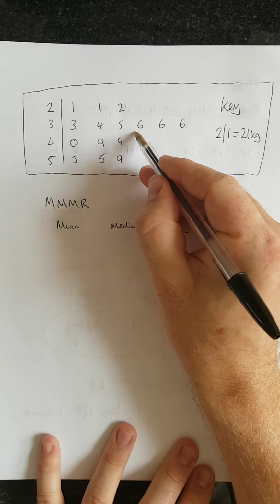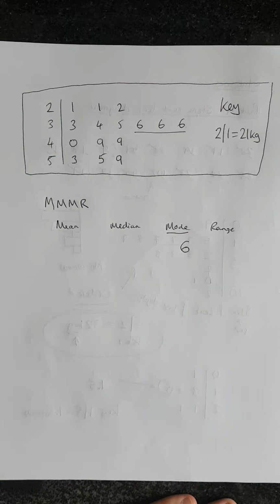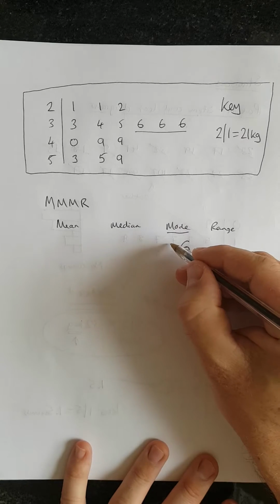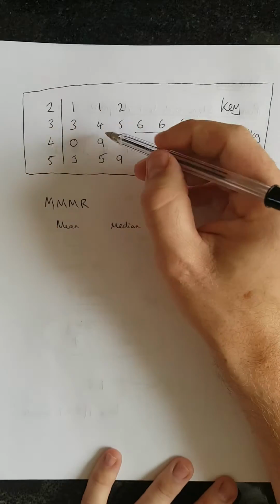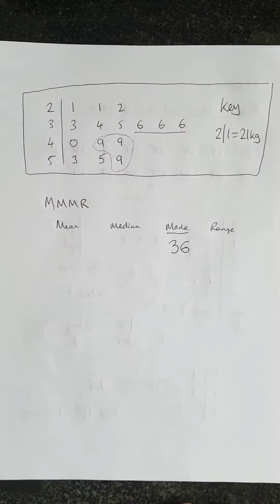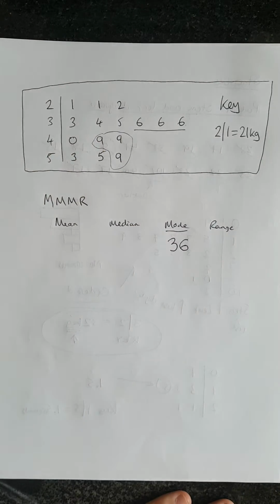Well, I can see 3 6s there, so I want to write 6. Is that the actual number? No, it's 36. Now, there may be 3 9s here, but those are 49s, and this is a 59. So it's 36.